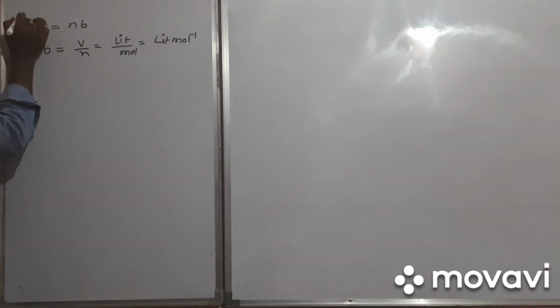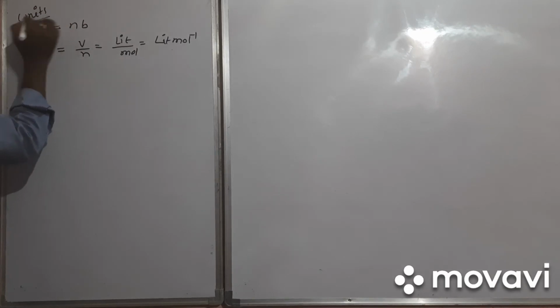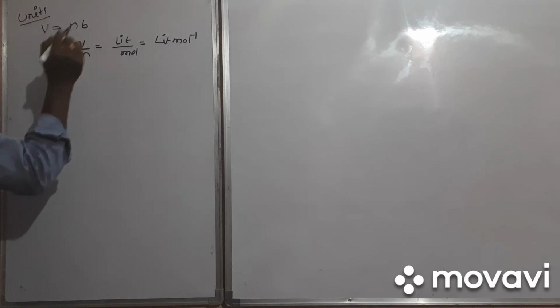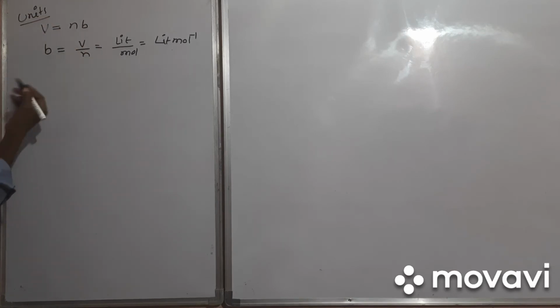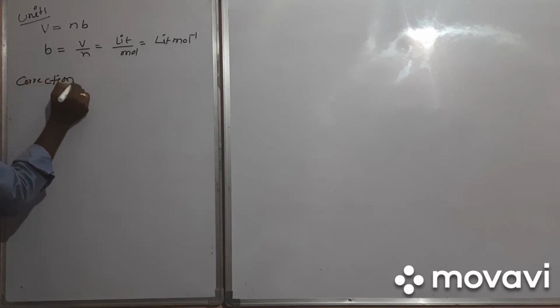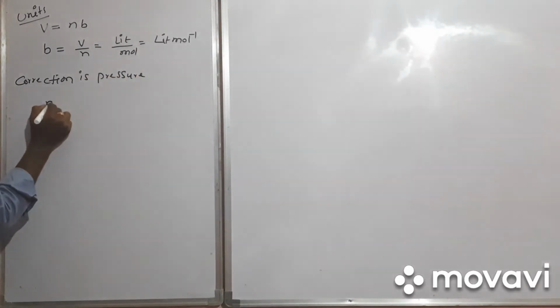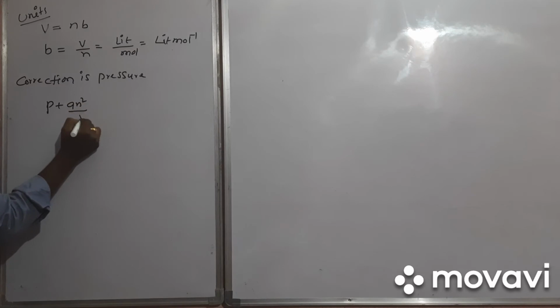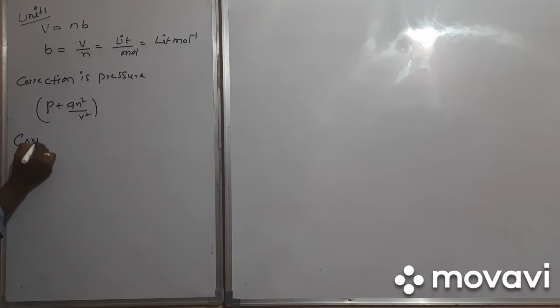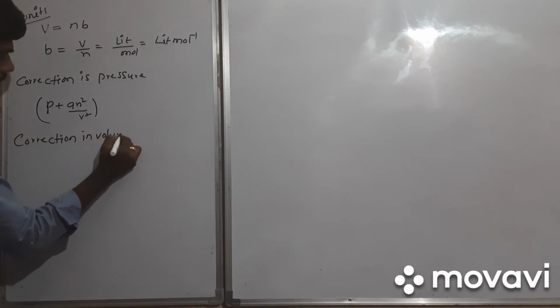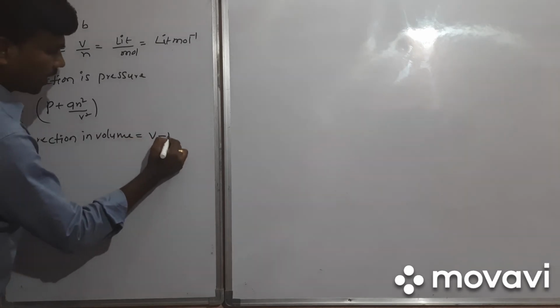So those are the units of van der Waals constant B. It is a correction in volume, so that's why I am taking V is equal to nB, so B is equal to V by n. Finally, for the van der Waals gas equation, the correction in pressure is P plus a n square upon V square, and the correction in volume is V minus nB.